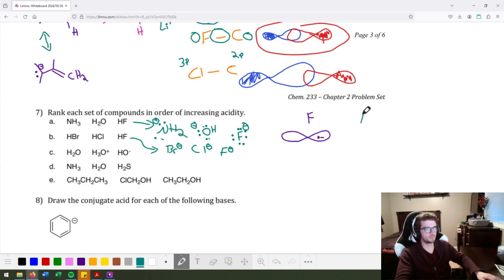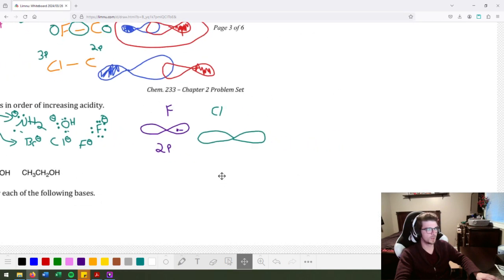So for fluorine, let's just label this as 2p. For chlorine, okay.